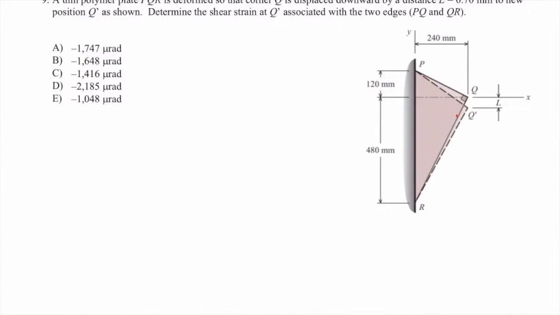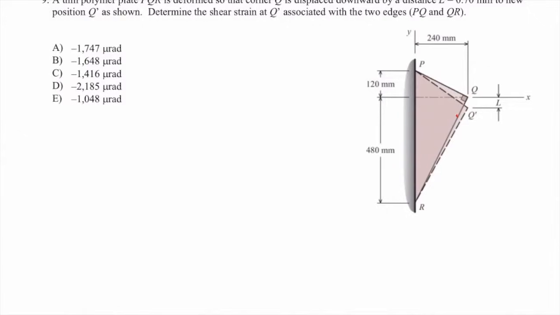Okay, we are looking for shear strain. For determining shear strain, I need to see how much is the change in the angle at that point. How much is the initial angle at Q? It's pi over 2. So I need to figure out a way to determine the change in the angle. Remember, generally, we have two ways to determine shear strain.